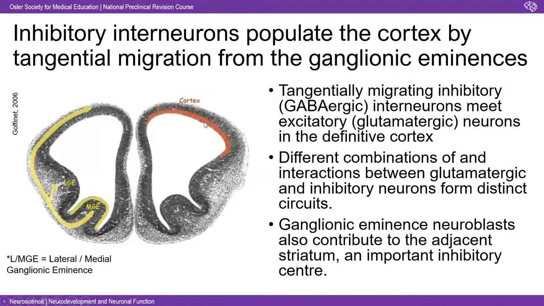What do the terms radial and tangential mean? Basically, they're migrating at right angles, and they're going to meet in their definitive positions in the cortex, and that meeting and the interactions they form are going to be really important to carving out neural circuits. The ganglionic eminences also contribute interneurons to other subcortical structures.